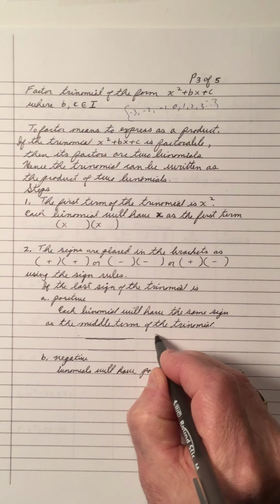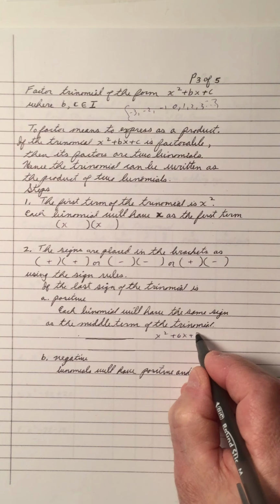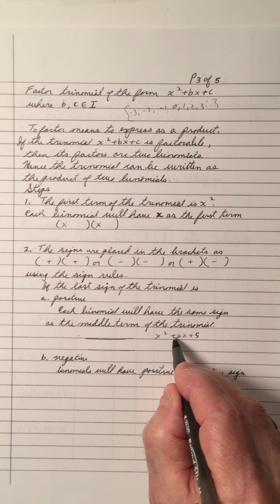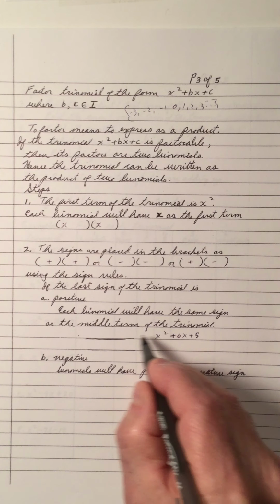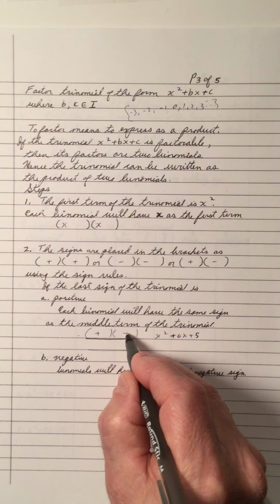For example, if you have x squared plus 6x plus 5, the last sign is positive, so you'll have 2 signs which are the same as the middle one. So you'll have 2 pluses in your binomial.